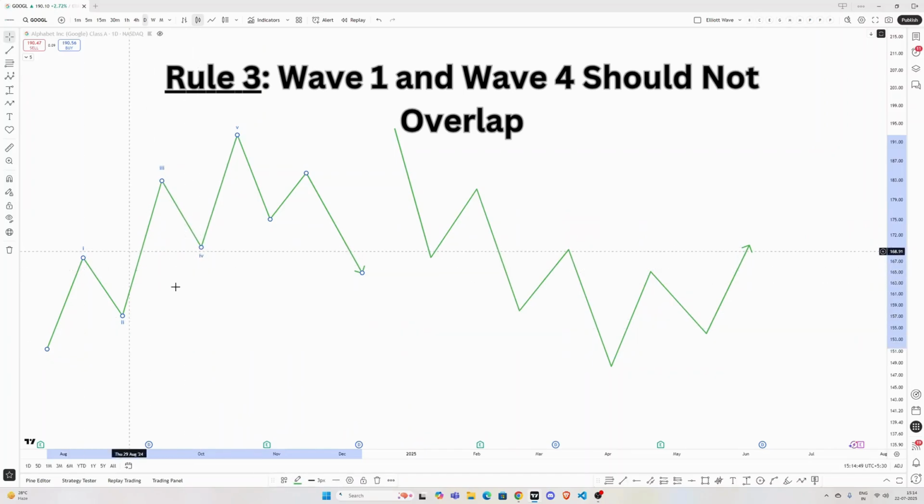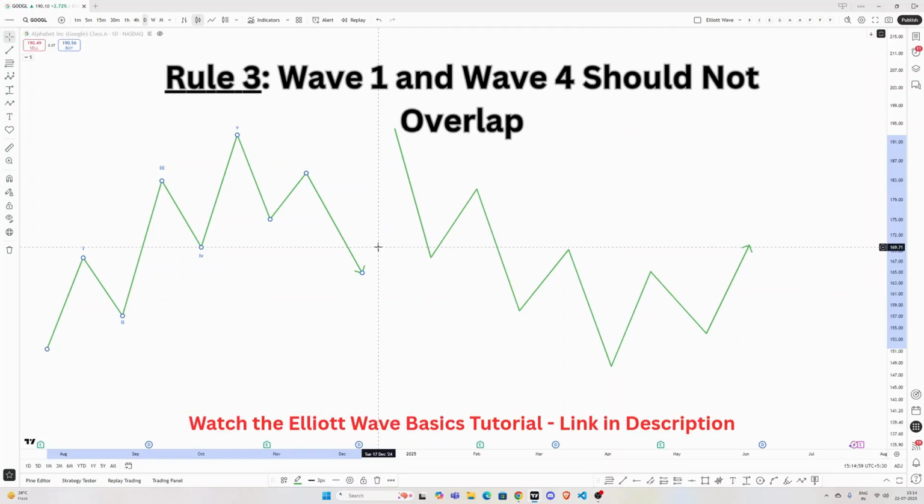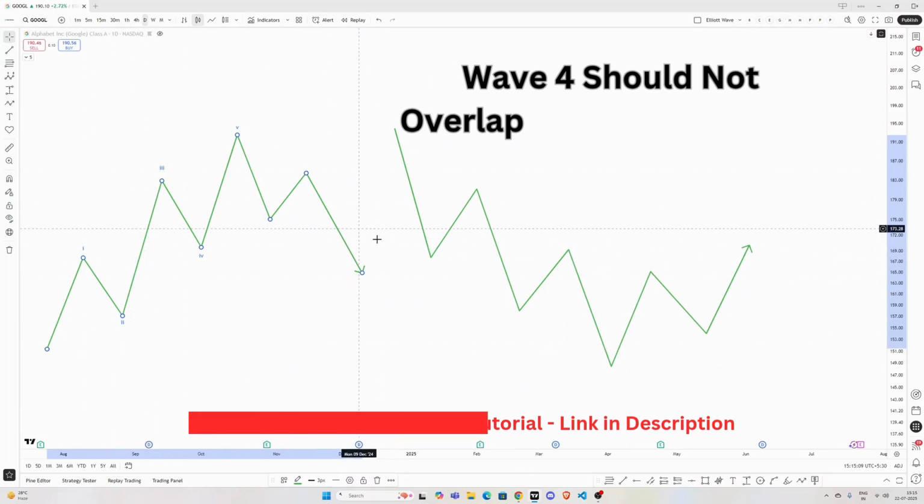But in this particular case, there is an exception, and that exception is diagonals. I'm not going to get into all those details because that would take a lot of time. I would add a link to a playlist which is essentially a tutorial on Elliott waves. It should not really take a lot of time, and it will cover all these details.